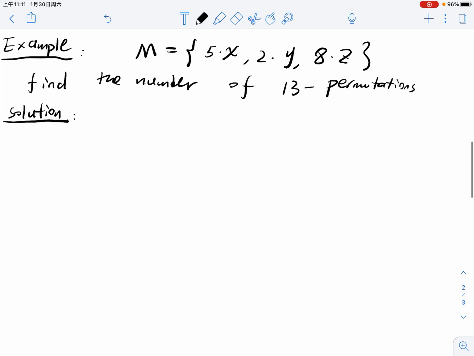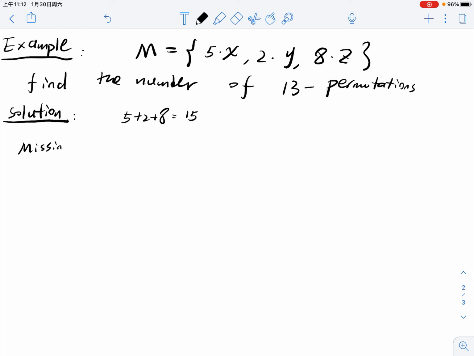Solution. Since totally you have 15 elements, to find 13-permutations, we first try to fix the elements included in that permutation. Or in other words, we try to drop 2 elements.